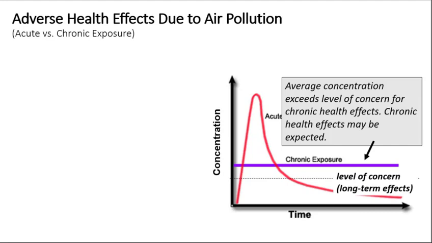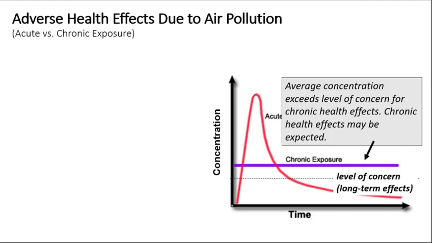The dashed line indicated here is the level of concern for long-term exposure to this contaminant. As seen, the average concentration indicated by the purple line exceeds this level of concern for long-term chronic health effects. And therefore, in the example on this slide, chronic health effects may be anticipated for sensitive individuals due to the exposure on average to the concentrations indicated by the red line.